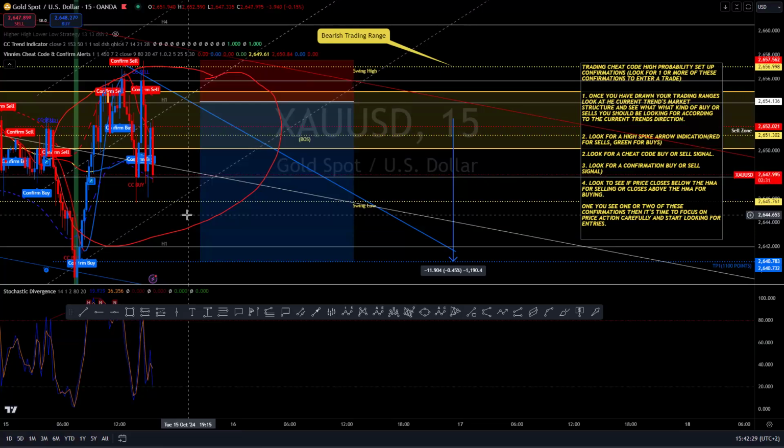I wonder what the next candle is going to do. You've got a little over 2 minutes before the next candle.